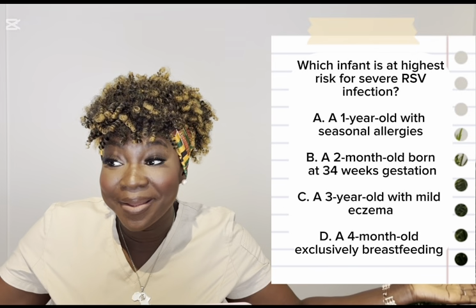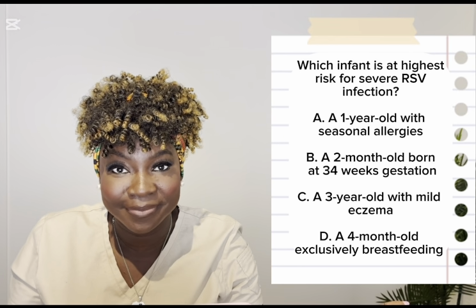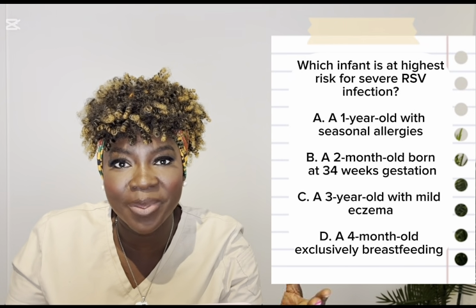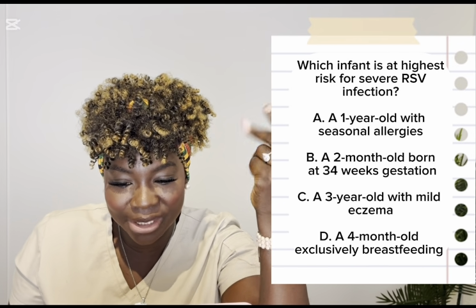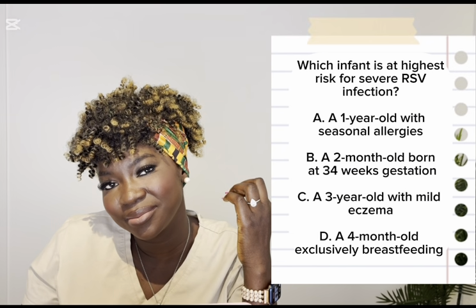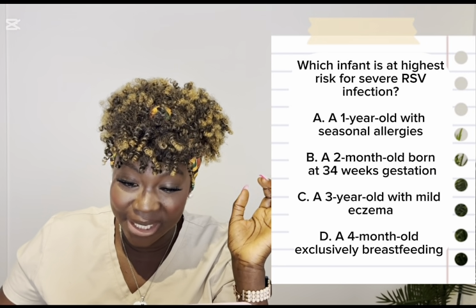Actually, that's the best. Breast milk is the best nutrition for babies, and it also contains nutrients that help them fight infections. So that is good. The only child with greatest risk is a 2-month-old born at 34 weeks. Okay, that makes our answer B, right?